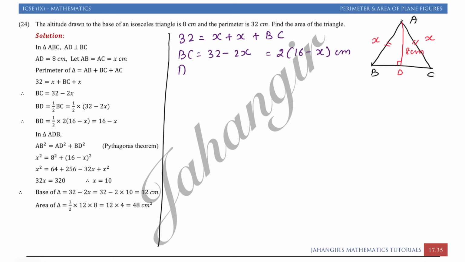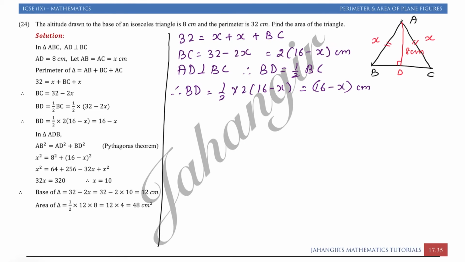Now draw AD perpendicular to BC, therefore BD is equal to half BC. So BD is equal to half into 2 into 16 minus x, that is equal to 16 minus x centimeter.